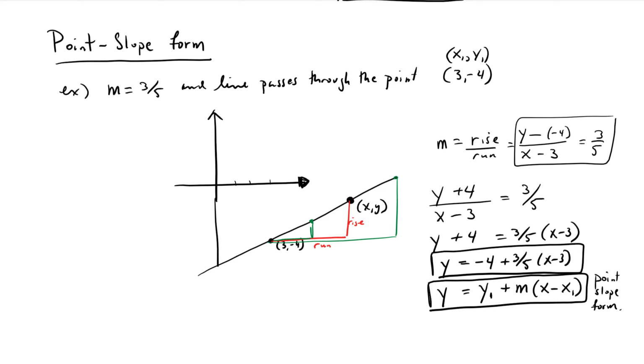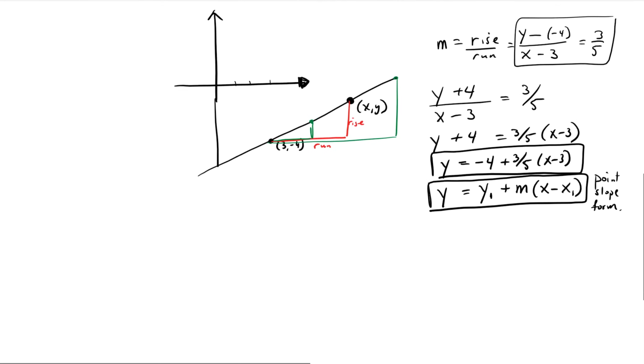Let's take a look at that formula again using another example. So suppose the slope of my line is minus 1/2, and a point on my line is (2, 1). Okay?